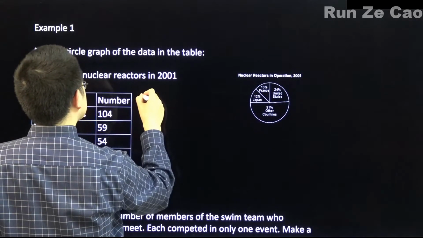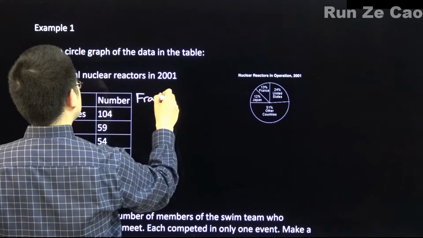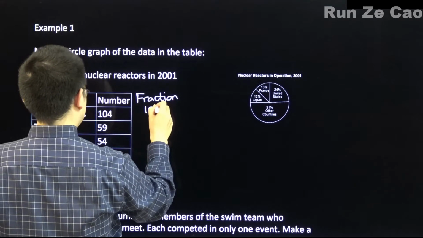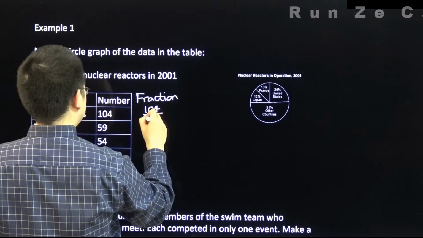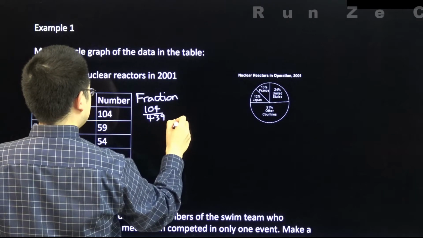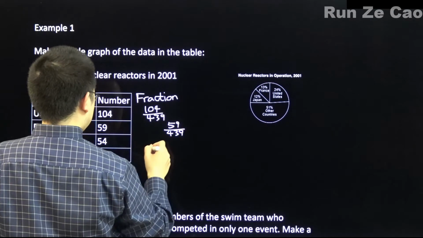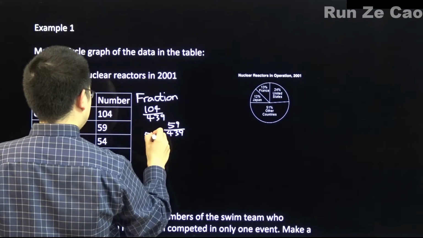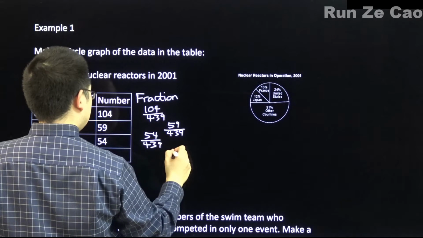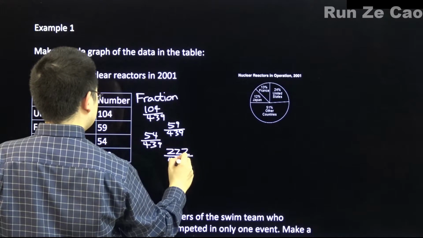So the fraction of the total: 104 over 439. You have 59 over 439. And 54 over 439. And 222 over 439.